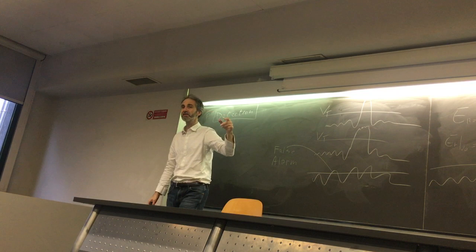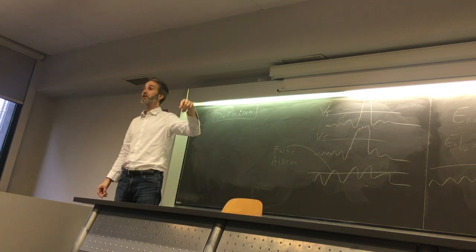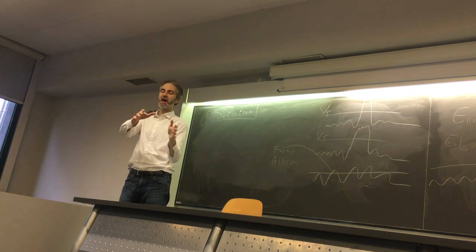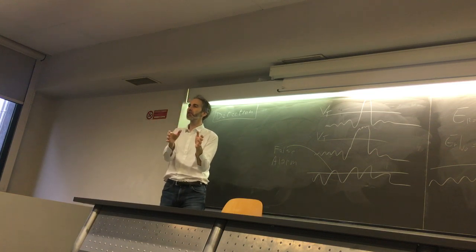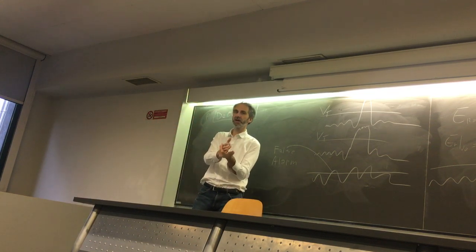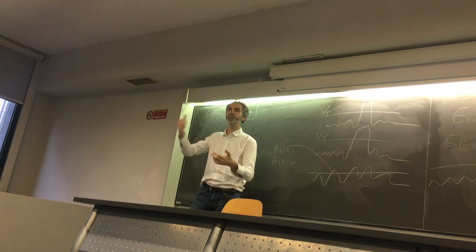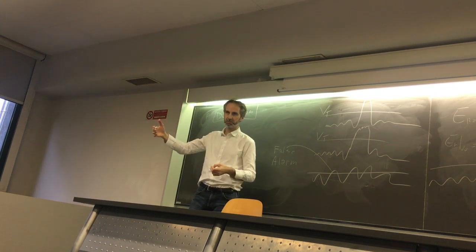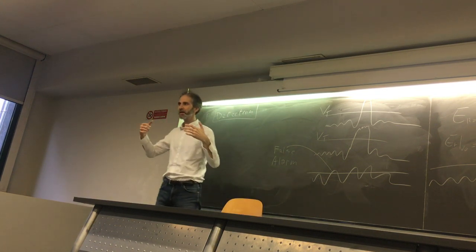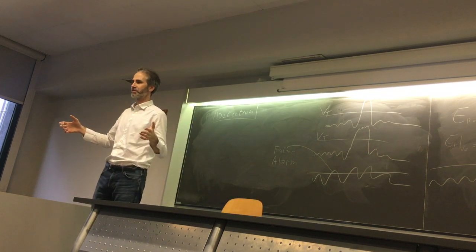Which means again that given a certain class of targets, so given a certain range of values for the radar cross-section of the target, then you know how much power you need. And this is an engineering work.